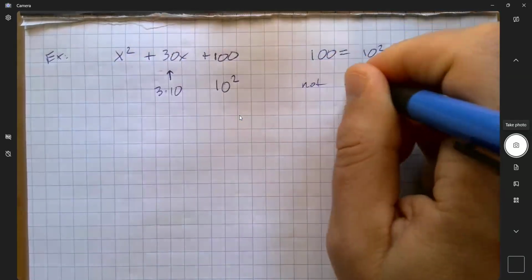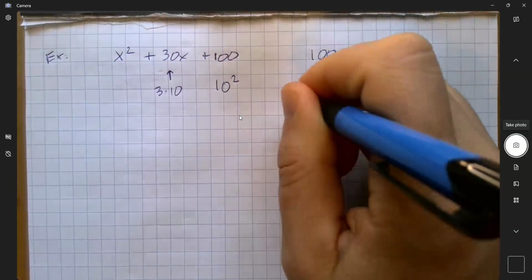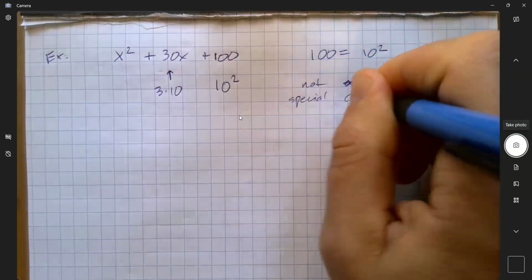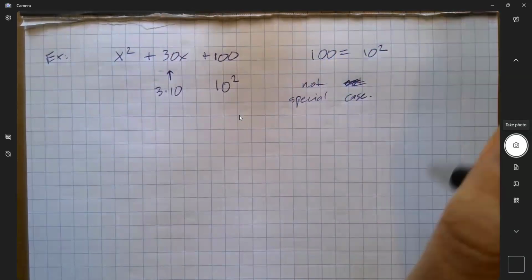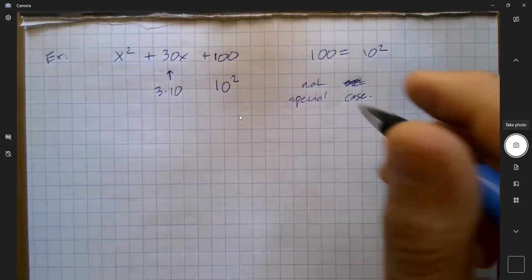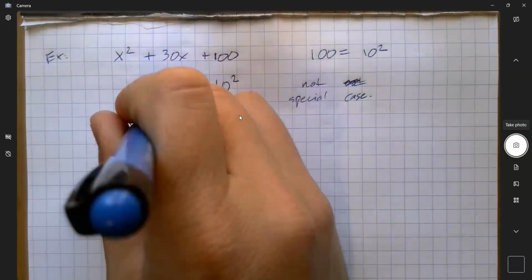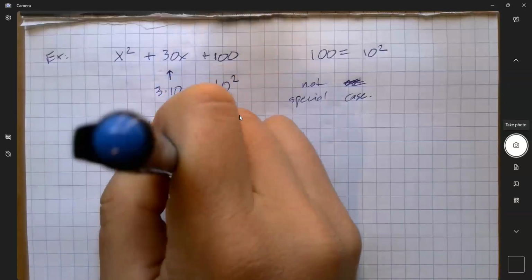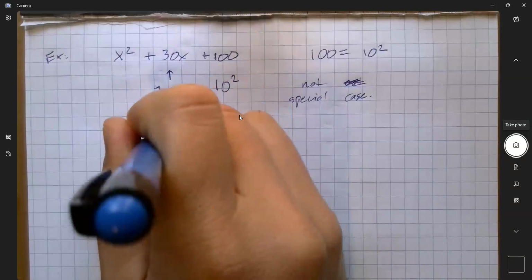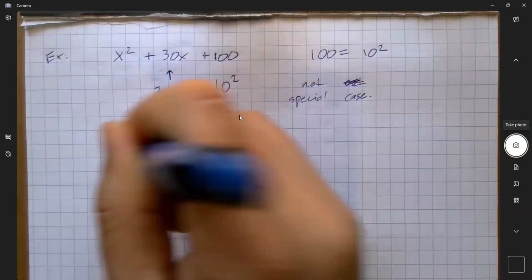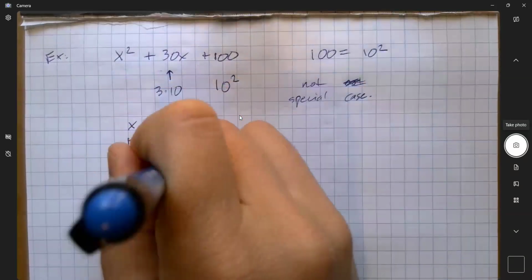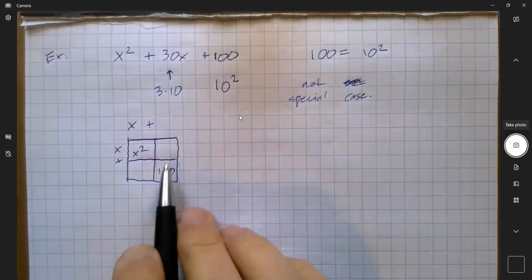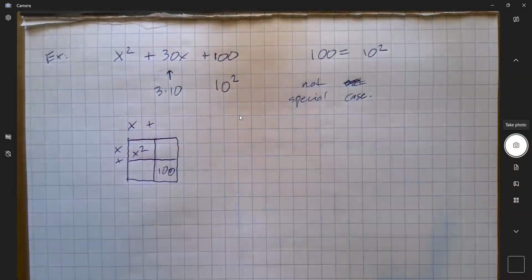So this is not that special case. And so I go for the box method. I'm going to take x plus, build my box. And x plus, x squared, 100.